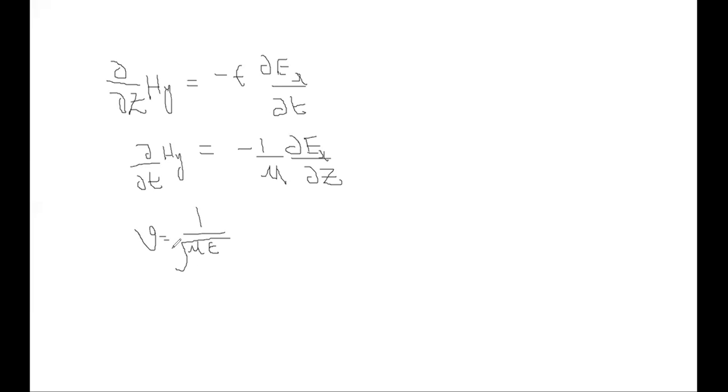So V square is equal to 1 by mu epsilon naught, and V is equal to 1 by under root of mu epsilon naught. In free space, mu r is equal to 1 and epsilon r is equal to 1.